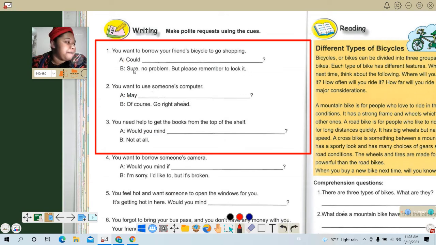So number 1, you want to borrow your friend's bicycle to go shopping. So here you need to ask the question, could blah blah blah. Your friend says, sure, no problem, but please remember to lock it. What is the question that you can ask your friend?